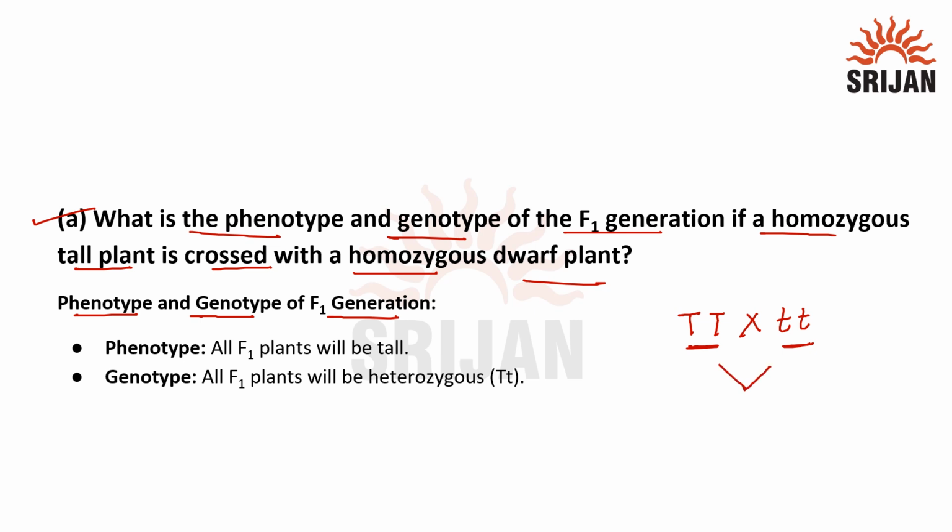When these parents are crossed, the offspring will have genotype capital T small t, that is heterozygous. The phenotype is that all F1 plants will be tall because tallness is the dominant trait, and the genotype is heterozygous, that is capital T small t.